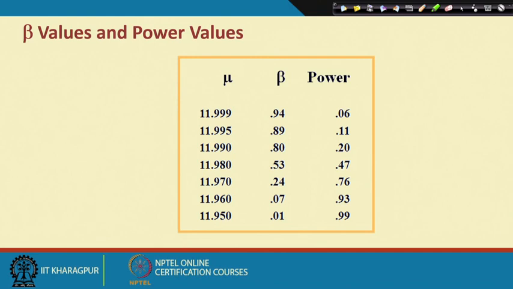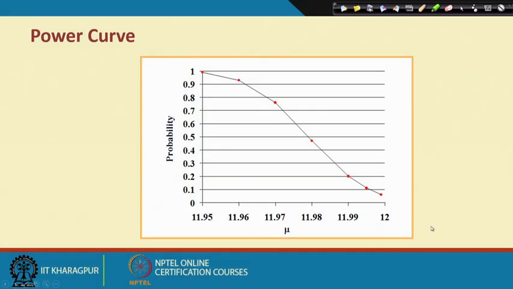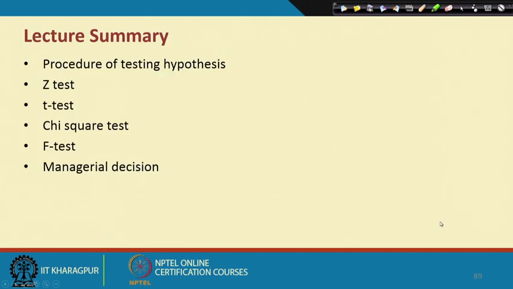You have lots of options for how to take decisions, and how to comment about the population parameter with the help of sample statistics, and this is how the movement about the change of the population parameter works with probability value, with respect to the beta component and the power of the test. With this we conclude here.